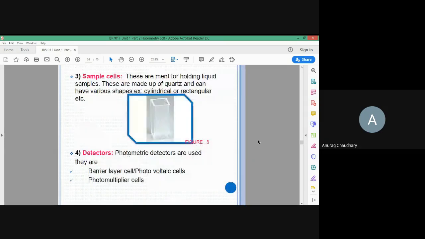Next part is sample cell. For holding the sample, we generally use cuvettes made of quartz, and it is generally cylindrical or rectangular.